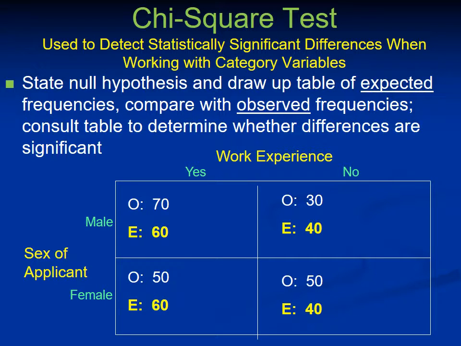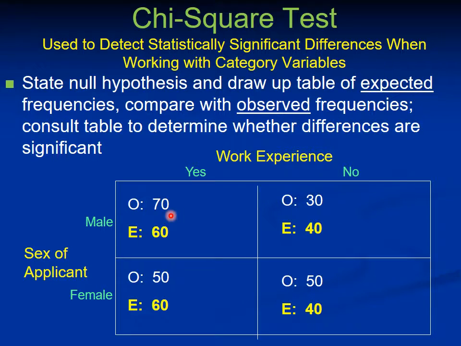Okay, so here in our example, simple illustration of degree of freedom, you can see when you have a binary thing, right? It's a choice between yes or no, right? We know that once we know the percentage of males with work experience, the proportion that is no longer free to vary is over here, right?